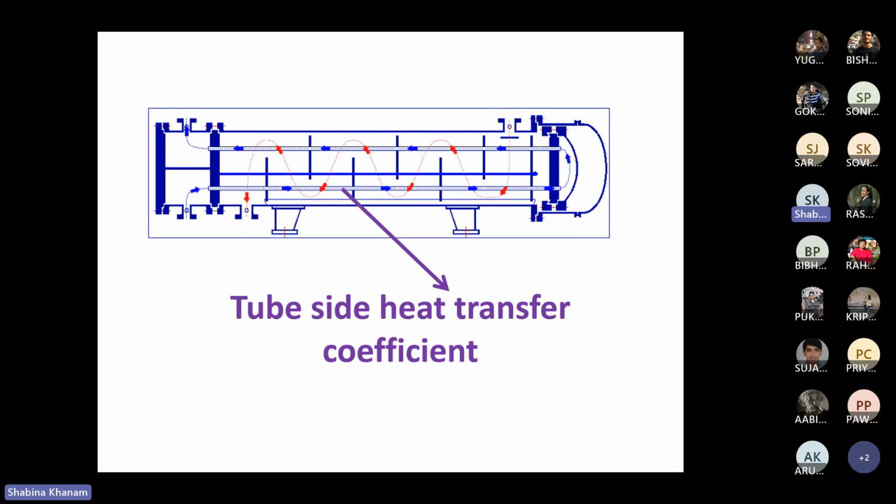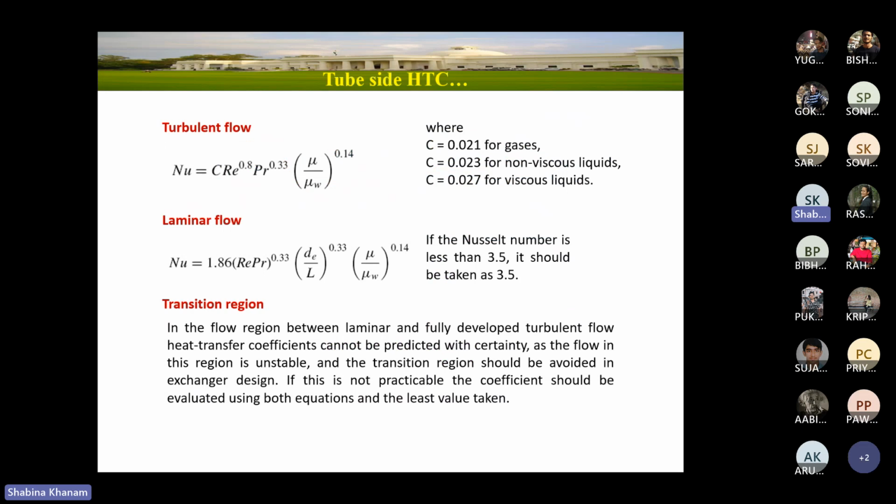So we will calculate the heat transfer coefficient which we usually consider in a double pipe heat exchanger for the inner surface, or flow in a pipe we can say, because this is a straight tube only.